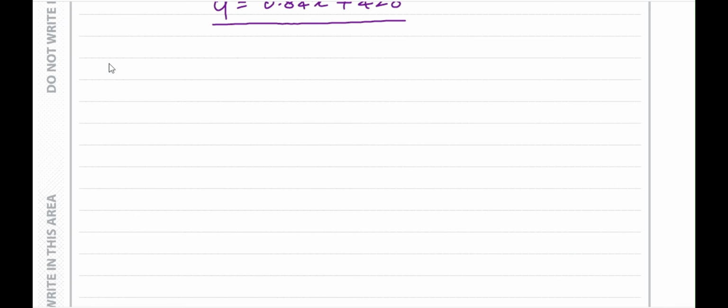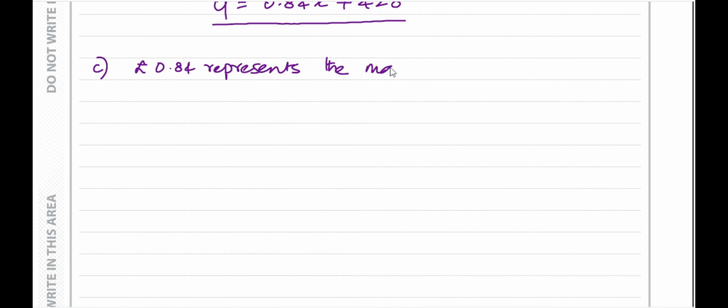So let's write: £0.84 represents the marginal cost of making 1 soap.